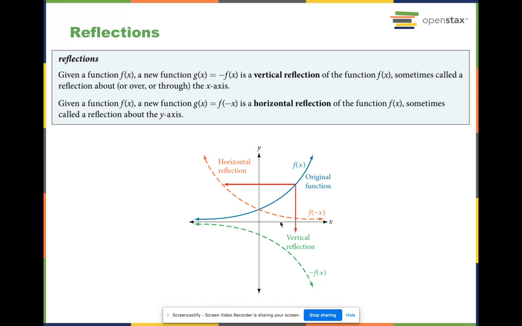So if we had some x value and it gave us an output value, to get that same output value, we take negative x along the x-axis. f of x gives us that output, and f of negative x gives us that same output. So for a vertical reflection, the minus sign is outside the function. For a horizontal reflection, the minus sign is inside the function.